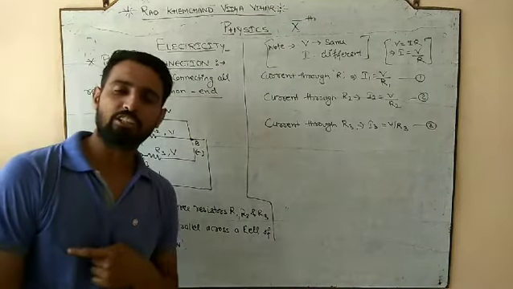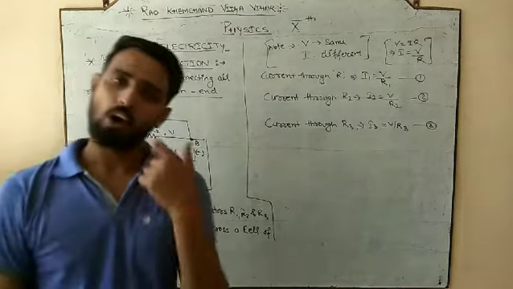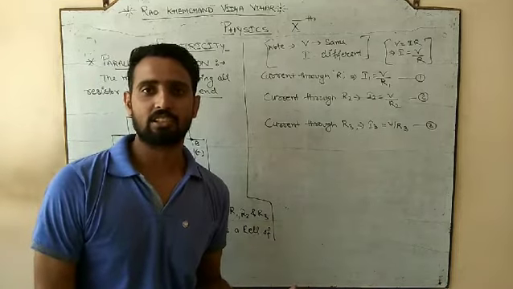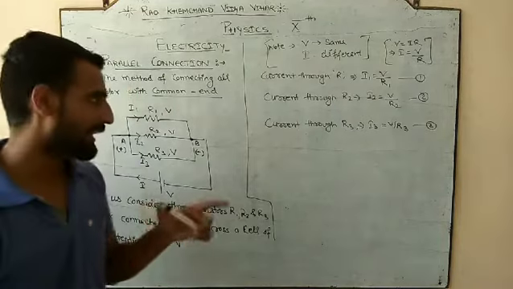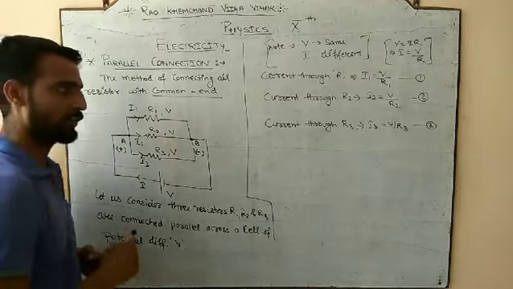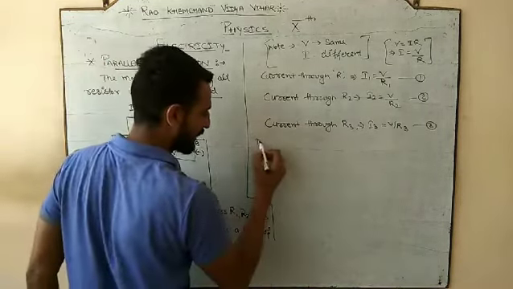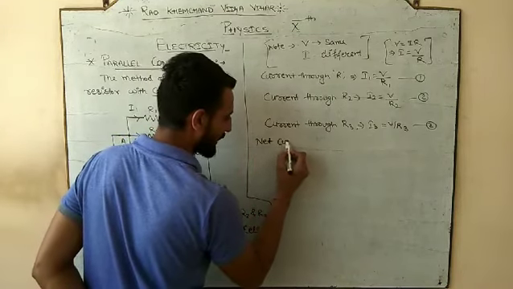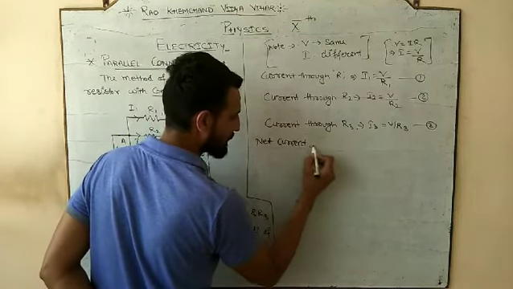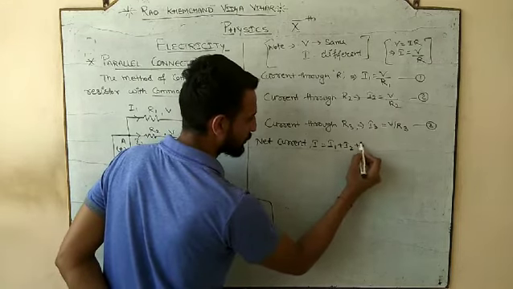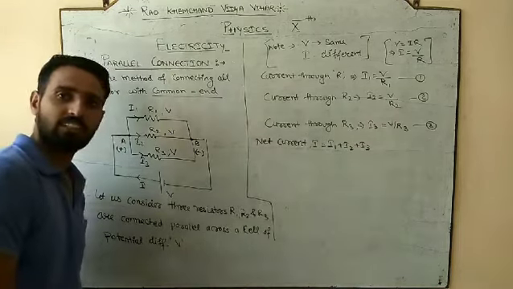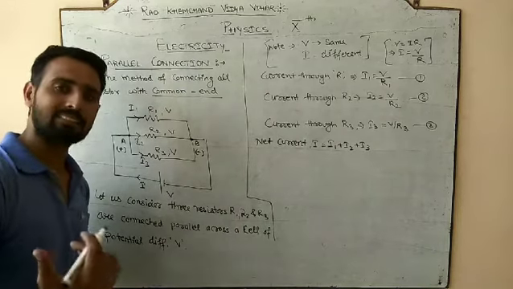In the previous derivation, we calculated all the different potentials, because in that case the potential difference was different. But here the current is different, so we calculated I1, I2 and I3. So help me out. The net current I is equal to I1 plus I2 plus I3. We all know that current is a scalar quantity.